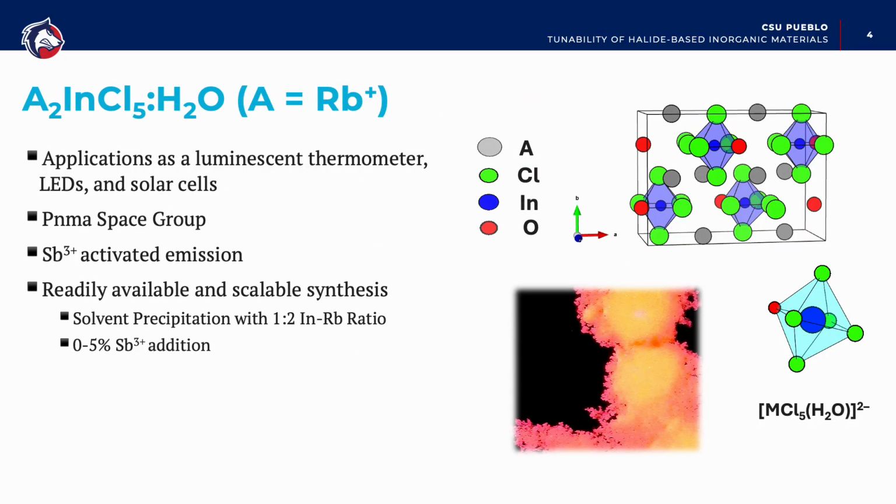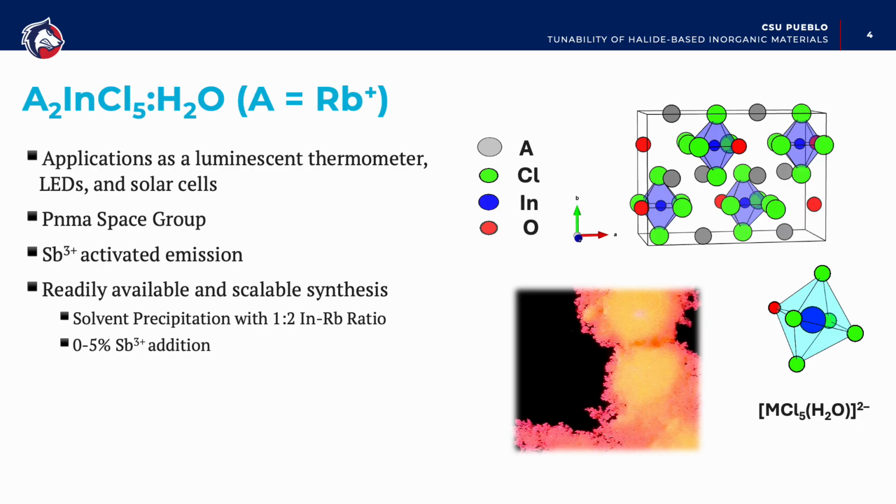So, let's discuss some of the relevant materials we made in our lab. First, we have a hydrated rubidium-indium chloride complex with a given empirical formula that exhibits a very vibrant orange fluorescence at 280 nanometer excitation.